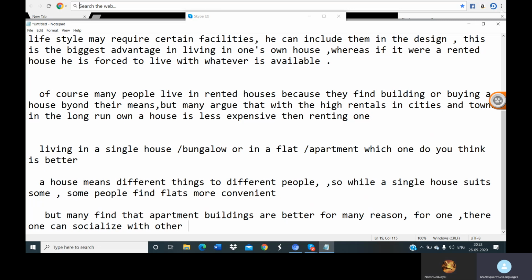If you're living in an apartment, there is a building, and in one building maybe there are 10 or 11 families, so you can socialize with other families in the building, right?